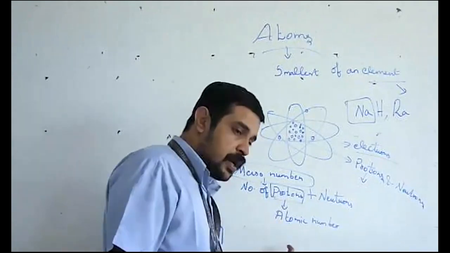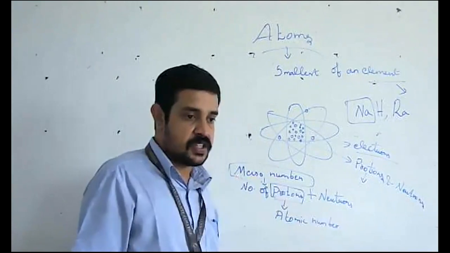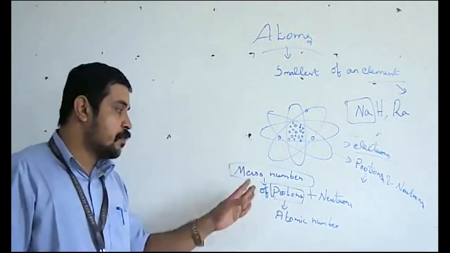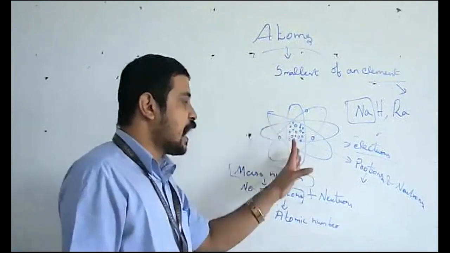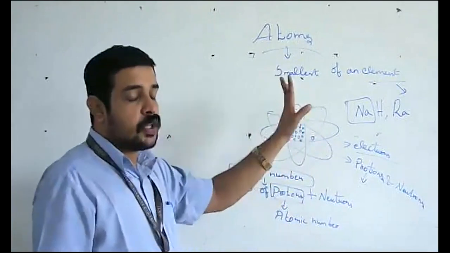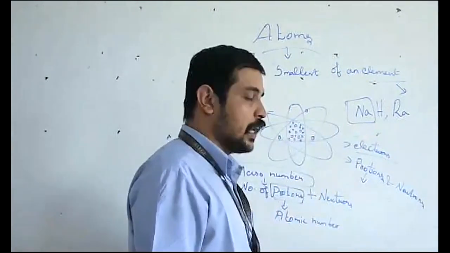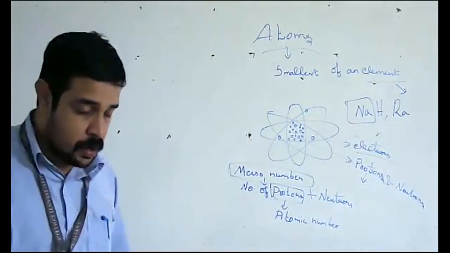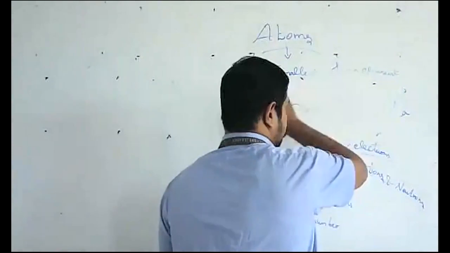The atomic number is the number of protons. And if you take an atom, we have a nucleus composed of protons and neutrons, and outside the nucleus we have electrons. These are the very basics you have to understand before going in with the syllabus.